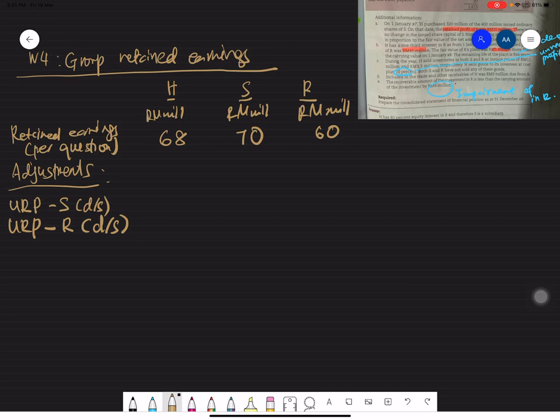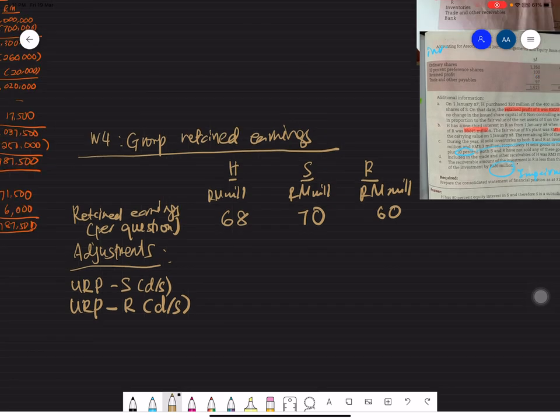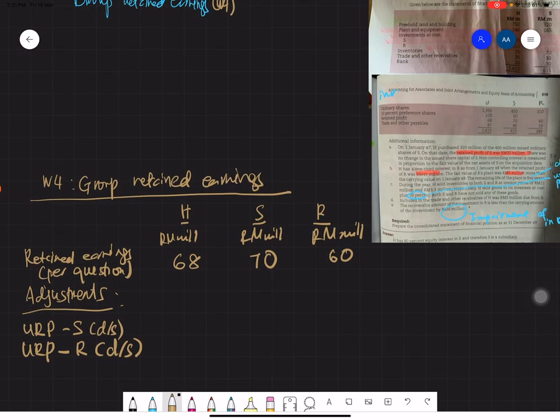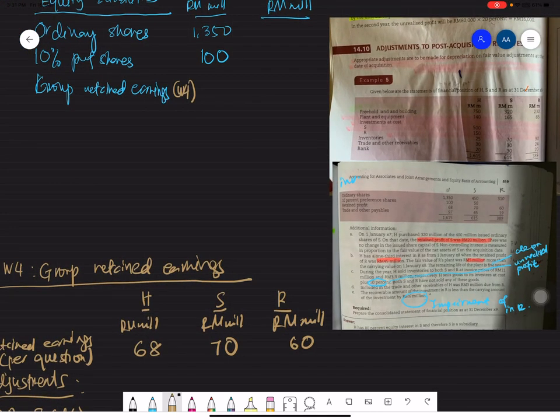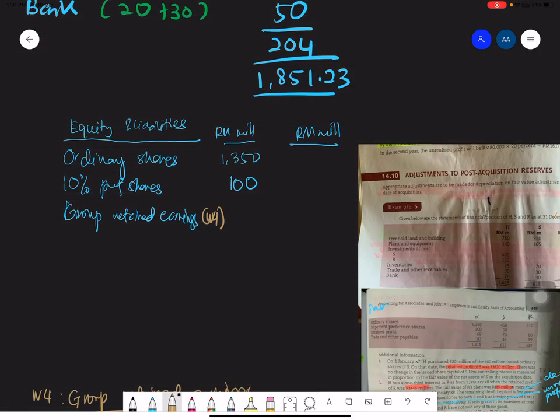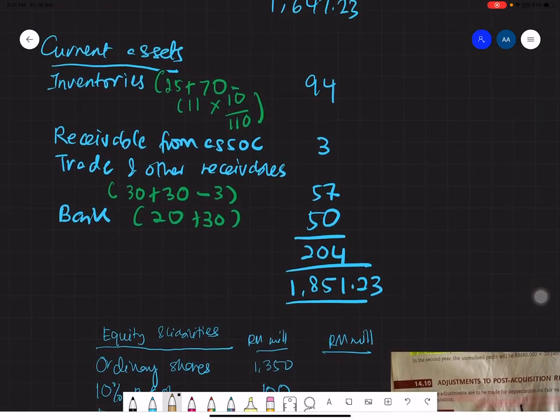For unrealized profit, we have already calculated the figure for the subsidiary when we were calculating the statement of financial position here.